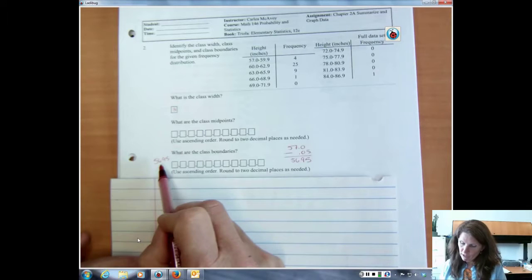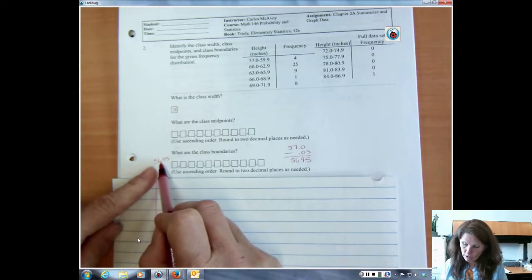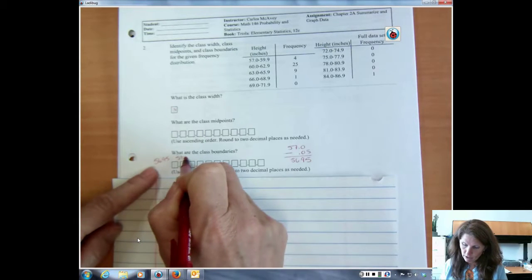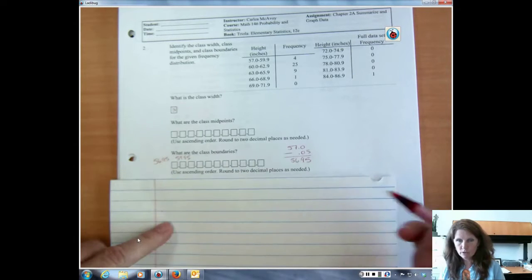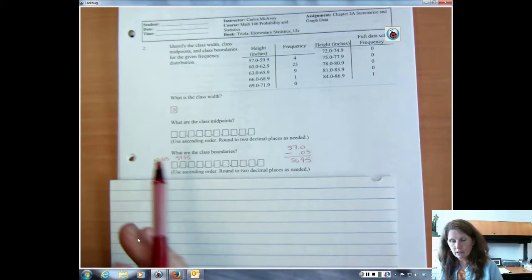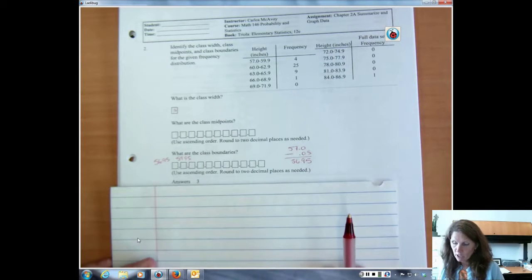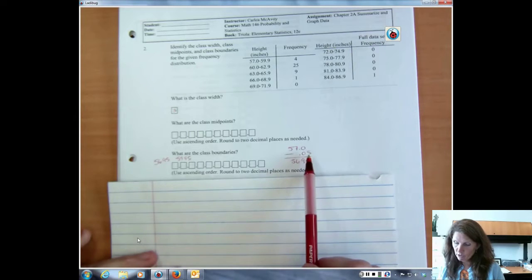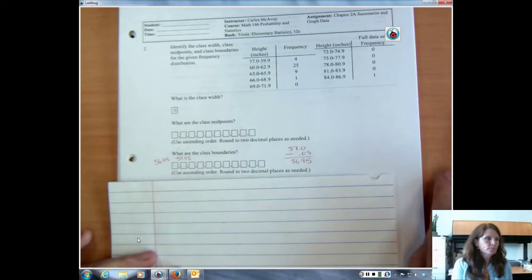So then I know my next boundary would be 3 more than that, which would be 59.95, and then 3 more than that, and 3 more than that. So it's very nice because all I have to do is find the first one, and then I know I can just be adding that class width on the rest of the way down. But just take note that if it's to the tenths place, we have to go out to the hundredths in order to get those class boundaries.